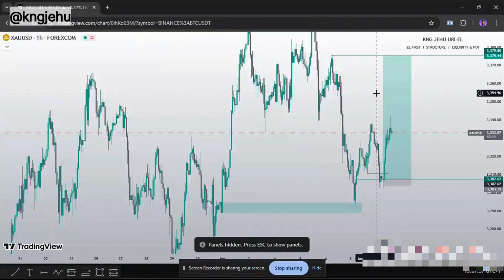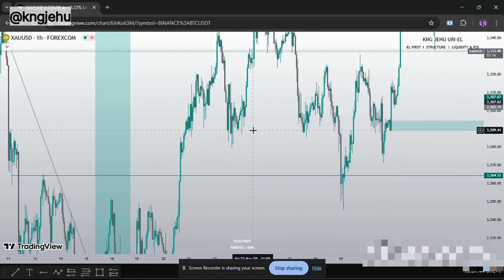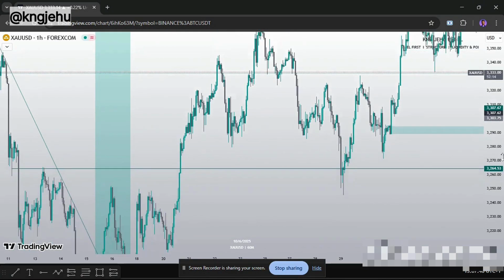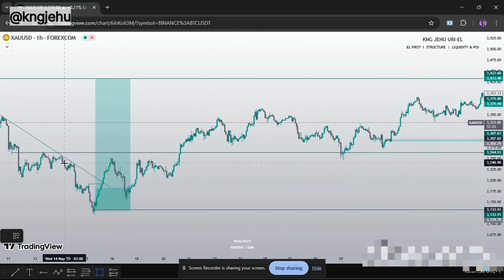So right now, I'm going to first of all define what an order block is. An order block is the last bullish candle before an impulsive bearish move, or the last bearish candle before an impulsive bullish move. What do I mean by last bullish candle before an impulsive bearish move? In my chart here, you can see the black candles are the bearish candles. They are the candles that record how market went to the downside, and the green candles are the bullish candles which record how market went to the upside.